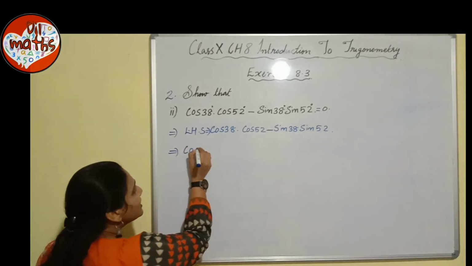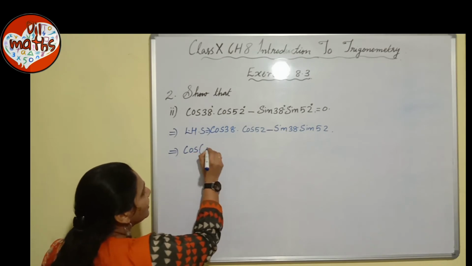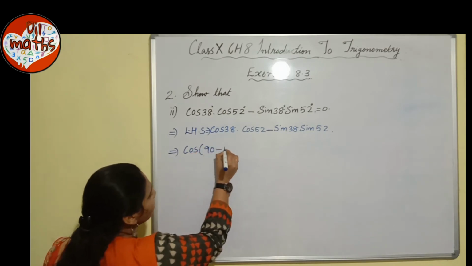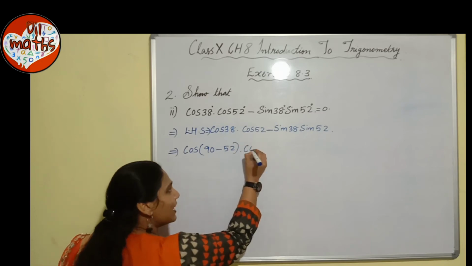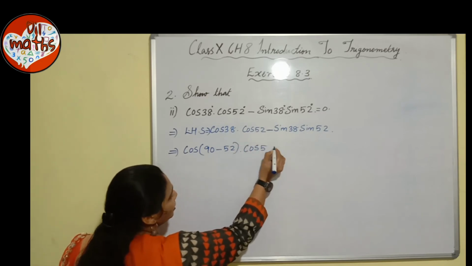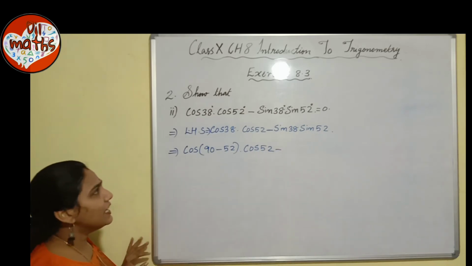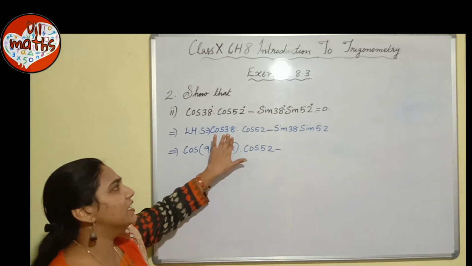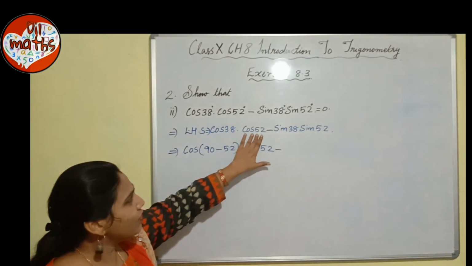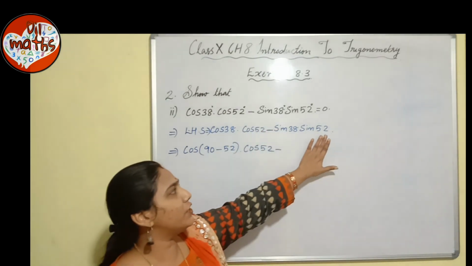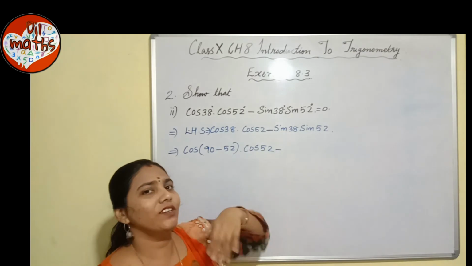So cos, instead of 38, what I have to write? 90 minus 52 into what is given here, cos 52. That I have to write as it is. Should not change that. And if you are changing 38 here, you have to change 38 here also. Otherwise, you will not get the answer.